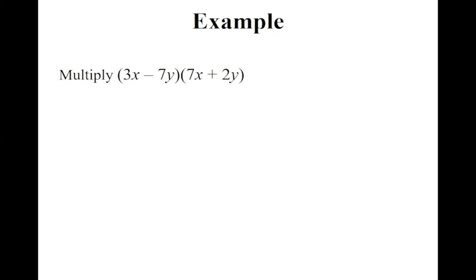Another one. 3x minus 7y times 7x plus 2y. Let's FOIL.